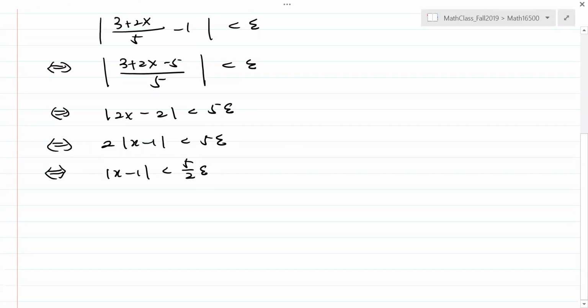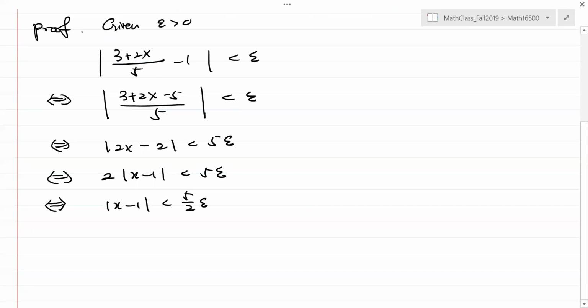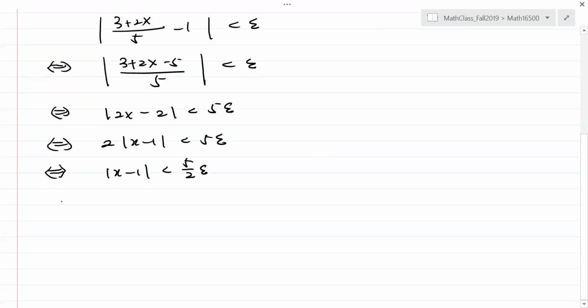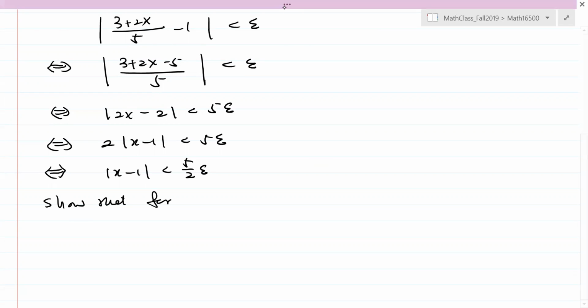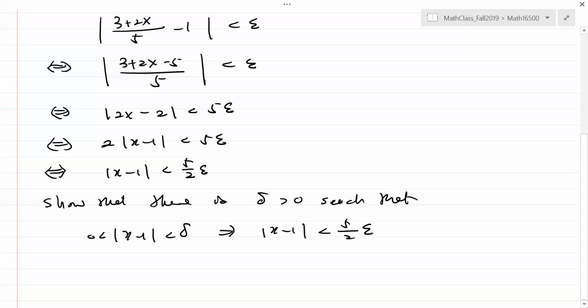What do we actually want to find out? Let me repeat again: this inequality is simplified as the following. So actually we want to show that for any epsilon, because epsilon is our given, there is a delta such that |x minus 1| less than delta, with delta greater than 0, implies |x minus 1| less than 5/2 epsilon.